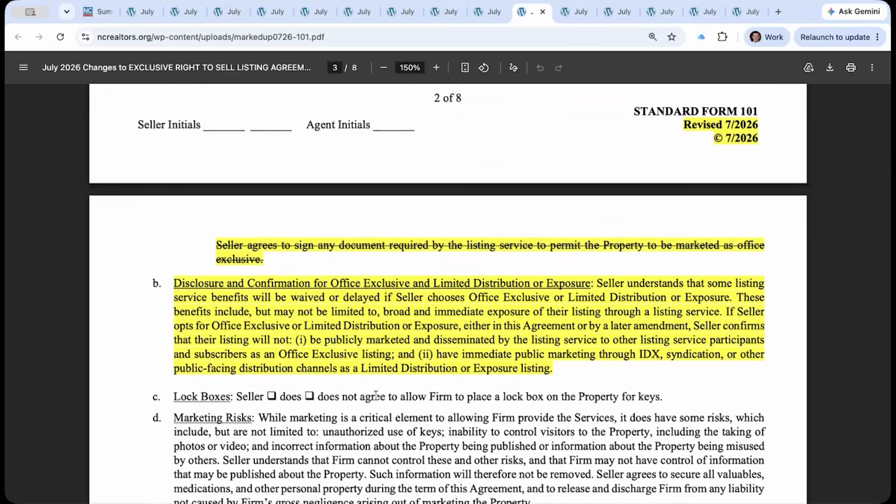That is going to have consequences. It may have consequences to the ultimate price of the property. So make sure that you are covering that with your seller, explaining the potential upsides and downsides. Because at the end of the day, it's really about the seller's choice.